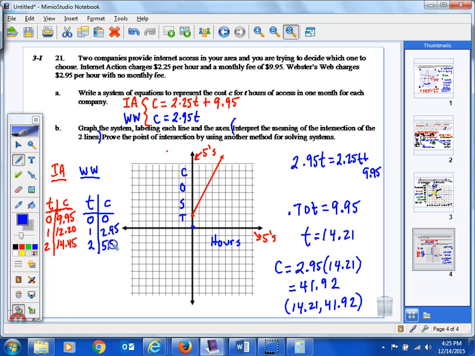It'll be $5.80. So 1, and this is really tight. $2.95 is about halfway. And then 2 is a little above. And we'll draw this.